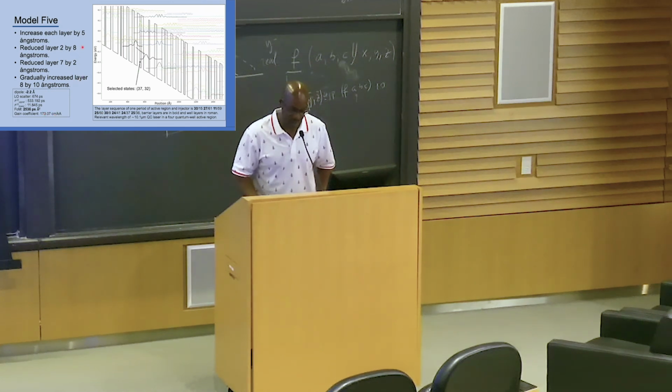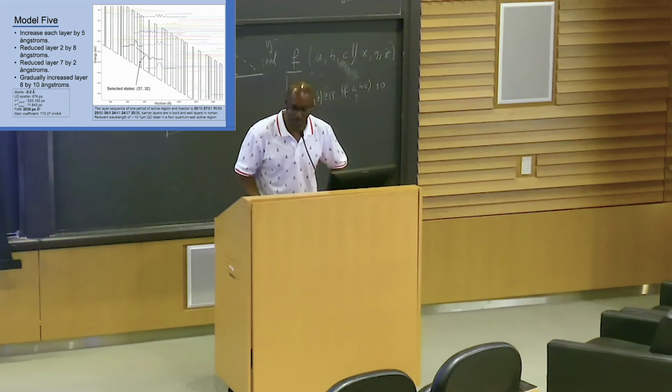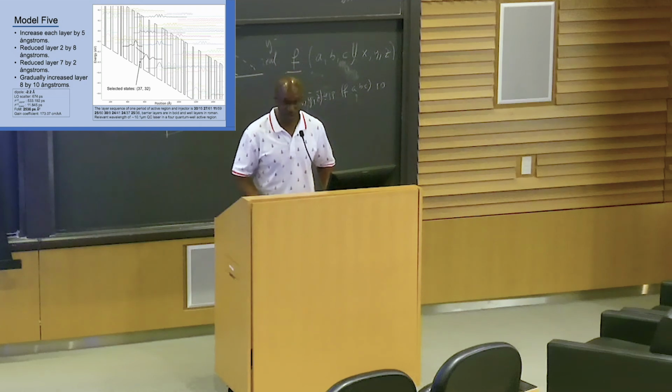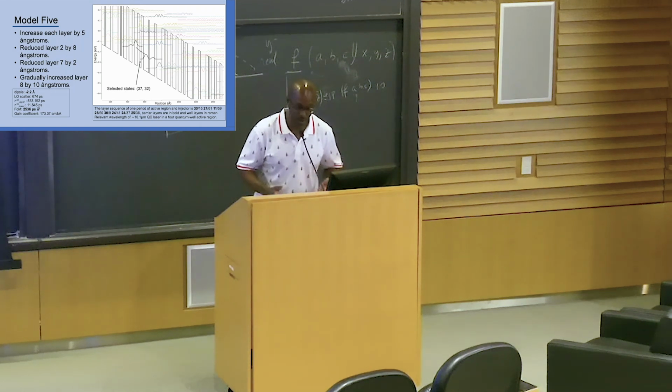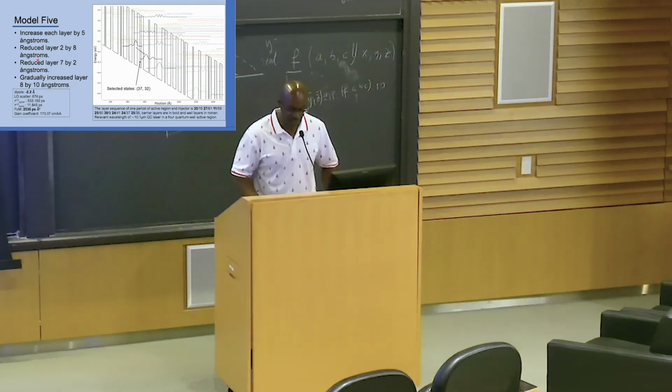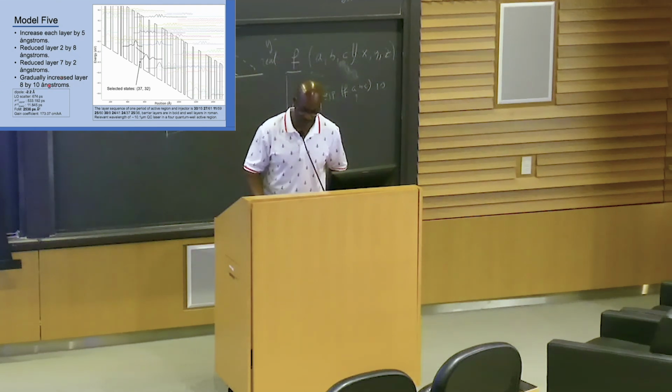Now, I did that because I increased each layer by 5 angstroms. An angstrom is basically a measurement of about 100 millionth of a centimeter, because we're talking about subatomic particles that you can't see with the naked eye. They're very small. And I reduced layer 2 by 8 angstroms and reduced a couple other layers, and I gradually increased layer 10 by 10 angstroms.